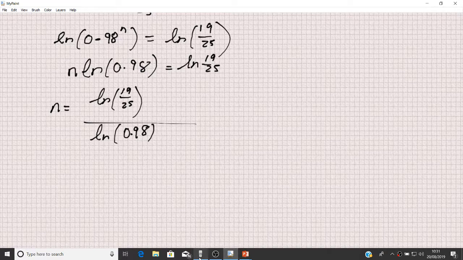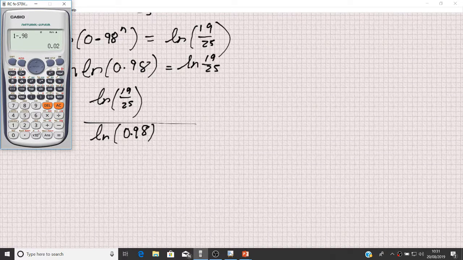And I'll take the calculator to do this, and we have ln of 19 over 25, I'll just close my brackets, and that is divided by ln of 0.98.